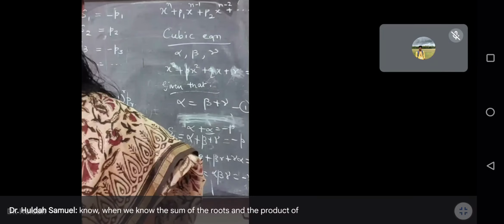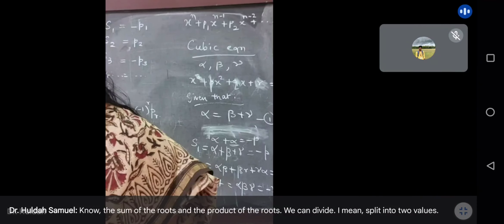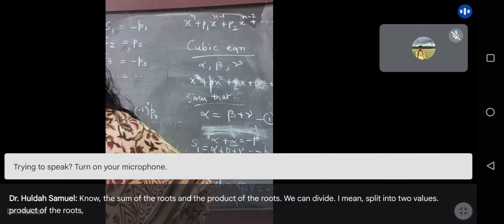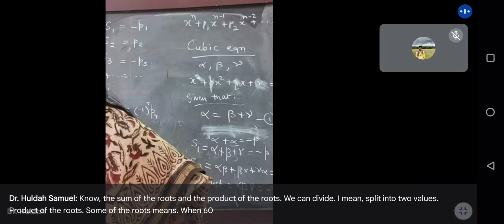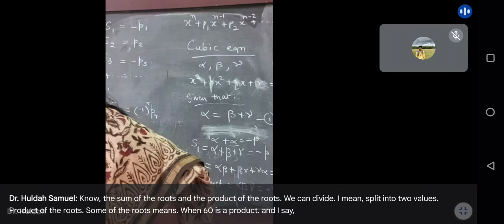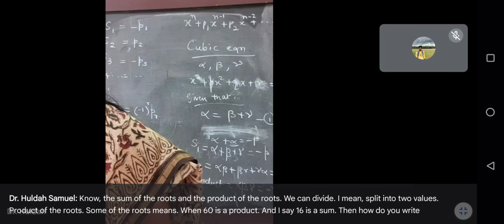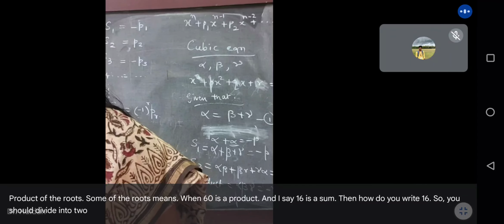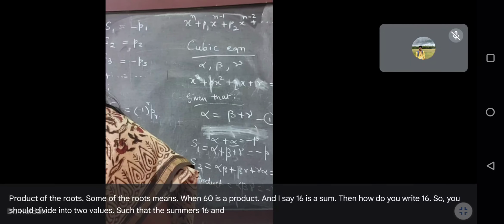Now when we know the sum of the roots and the product of the roots, we can split into 2 values. When 60 is a product and I say 16 is a sum, then how do you write? You should divide into 2 values such that the sum is 16 and product is 60.